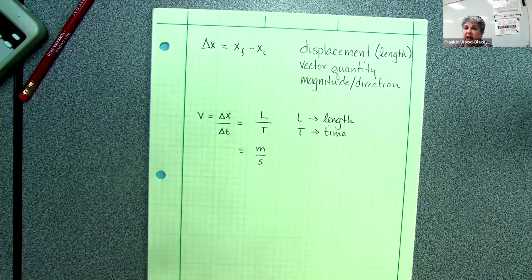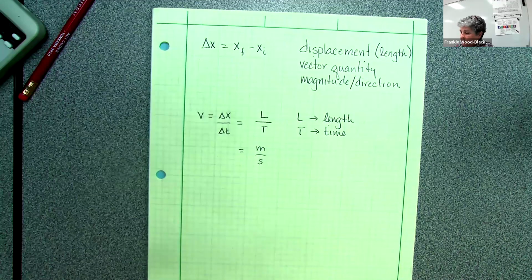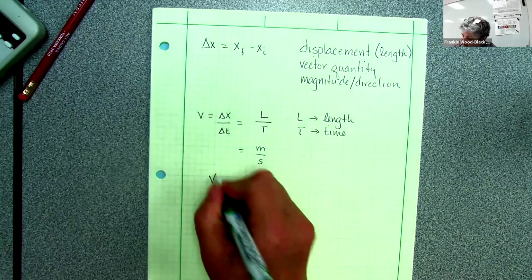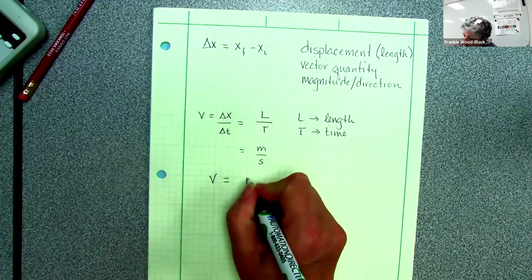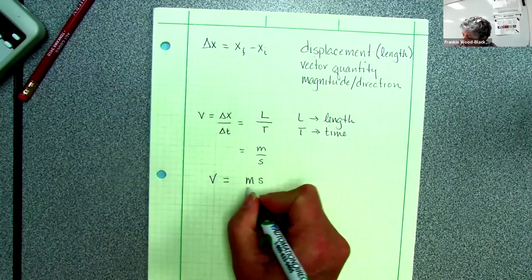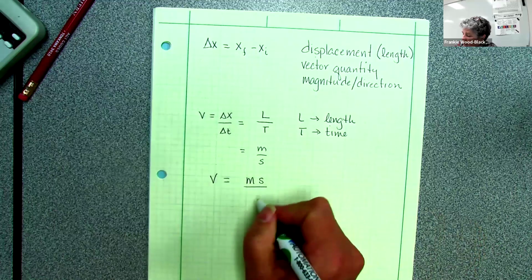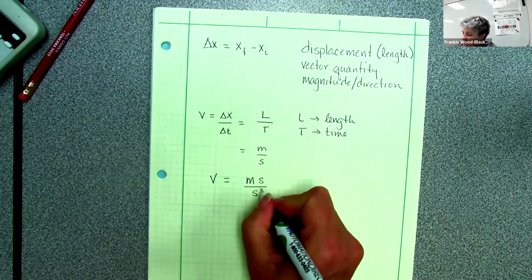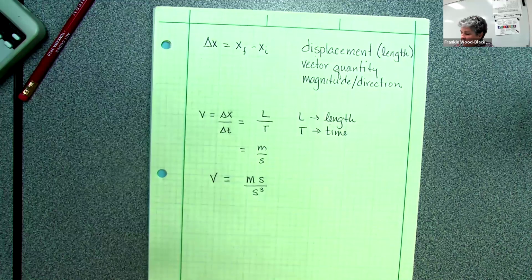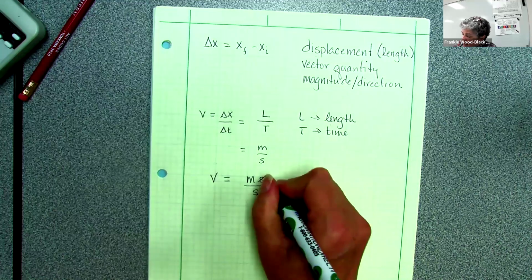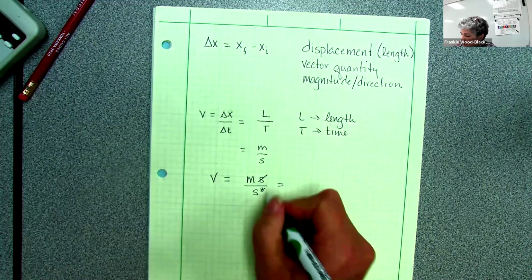Now, let's say I've done some algebra. I had a weird equation. And at the end of my algebra, I got a unit of meters seconds divided by seconds cubed. That's what came about, which means that one of these seconds would cancel out, and that's going to be squared.